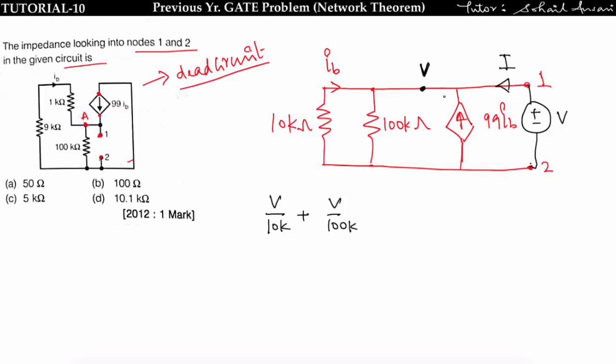This current is entering into the node, means 99 IB. Okay, and this is also entering at that node, means I is equal to 0.